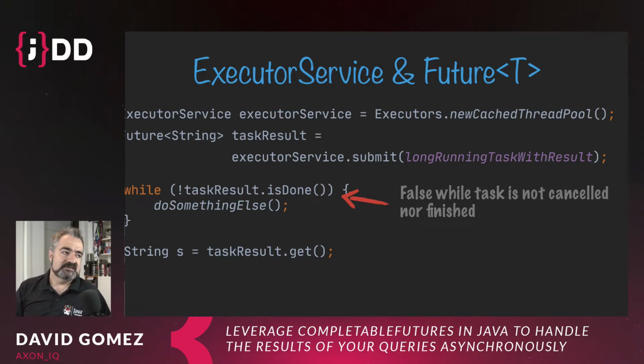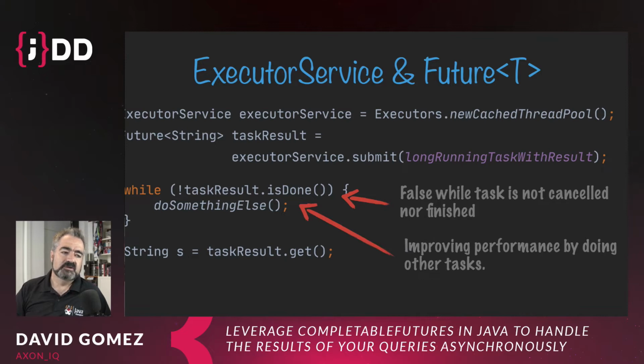So once the task result is done, returns true, we know that we could get the value. So this is a very useful way to improve the performance by trying to do something while the food is cooking in the oven.